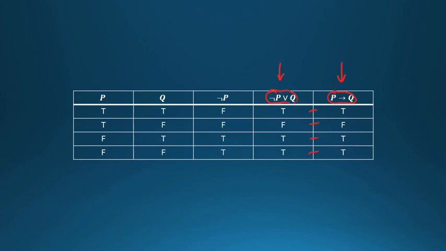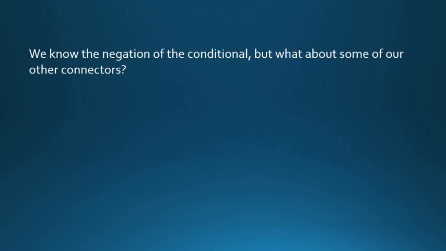But what about some of the other logical connectors? For example, what if we take the negation of a disjunction or a conjunction? Well, to deal with that, we have these laws called De Morgan's laws.